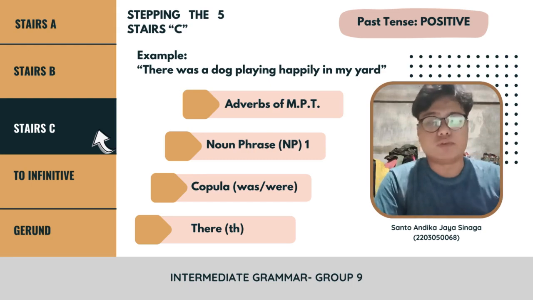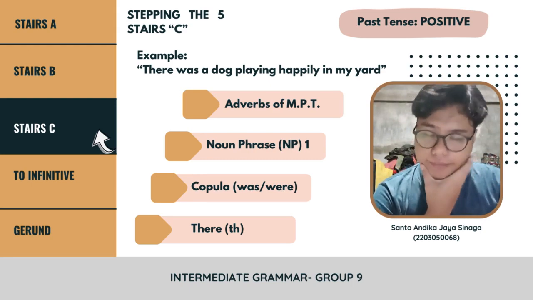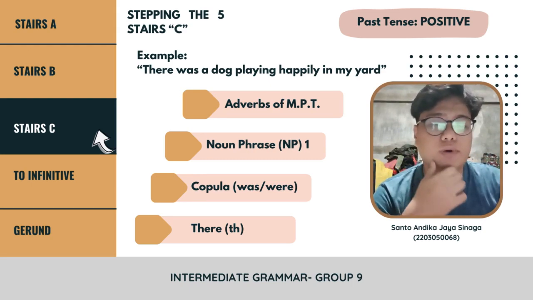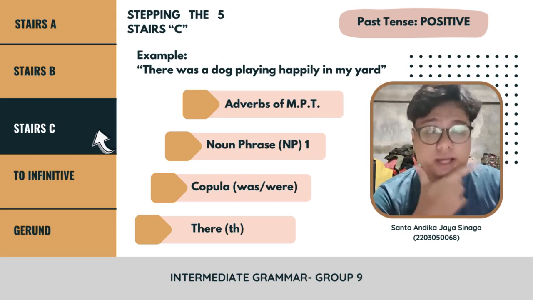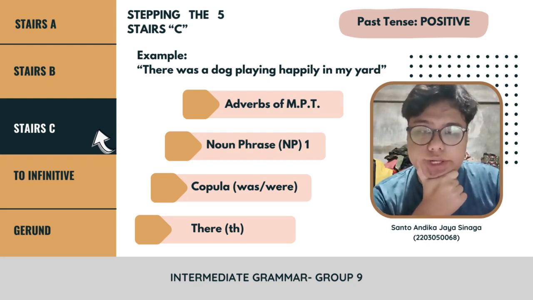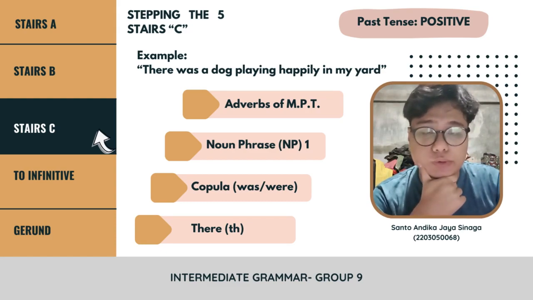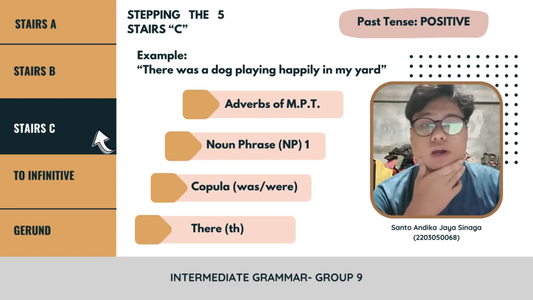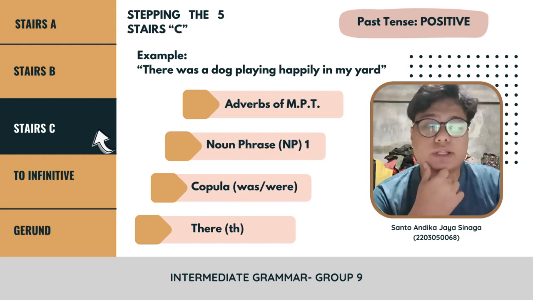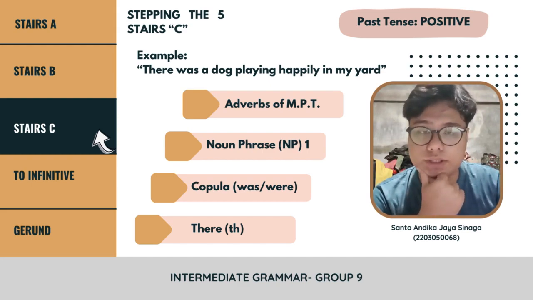After the present tense, we move to the past tense and how to create the positive sentence in past tense. As we can see on the slides, there are four steps. The first step is there, and we continue by putting the copula in the sentence.